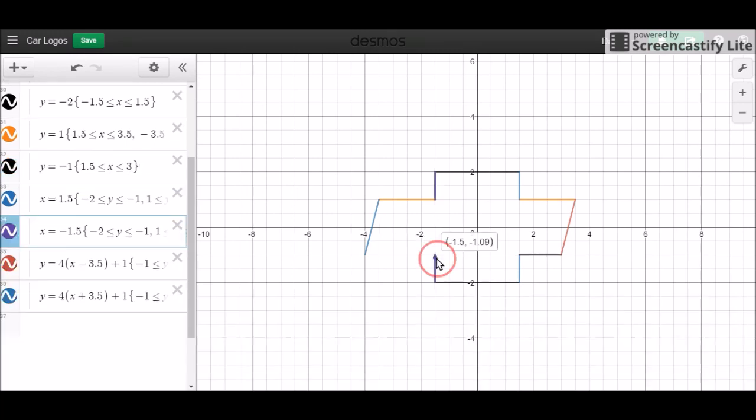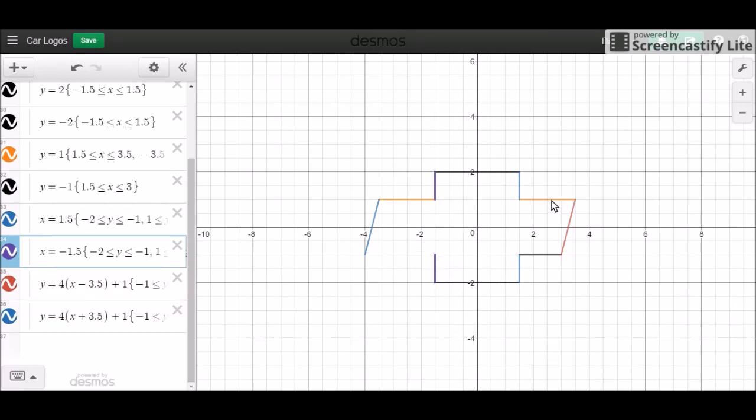So I want this to have a distance of 1.5 as well. No, this needs to have the distance of this line. So 1.5 to 3.5, that's a distance of 2, which means this needs to go from negative 3.5 to negative 1.5.